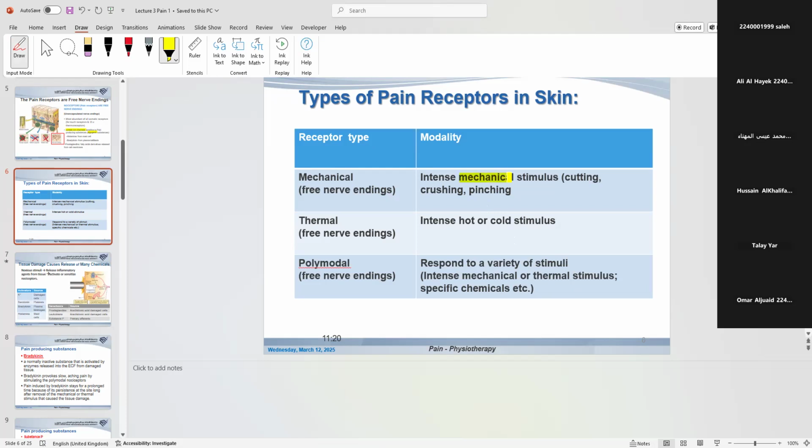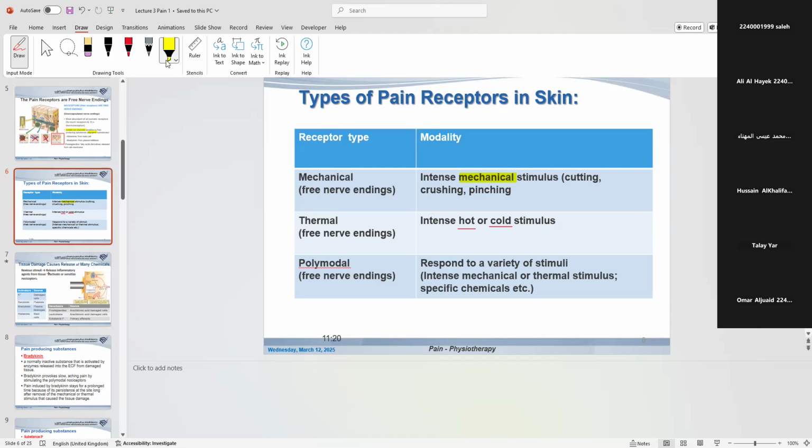The other group would be thermal nociceptors, which respond to extremes of temperature. Again, they are not thermoreceptors. They do not tell us about hot or cold, but they respond to very hot or very cold temperatures where these temperatures cause tissue damage. So these are thermal nociceptors.